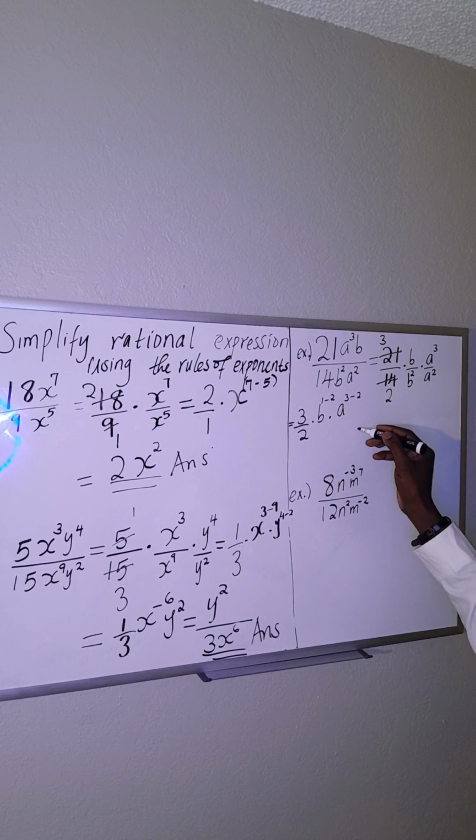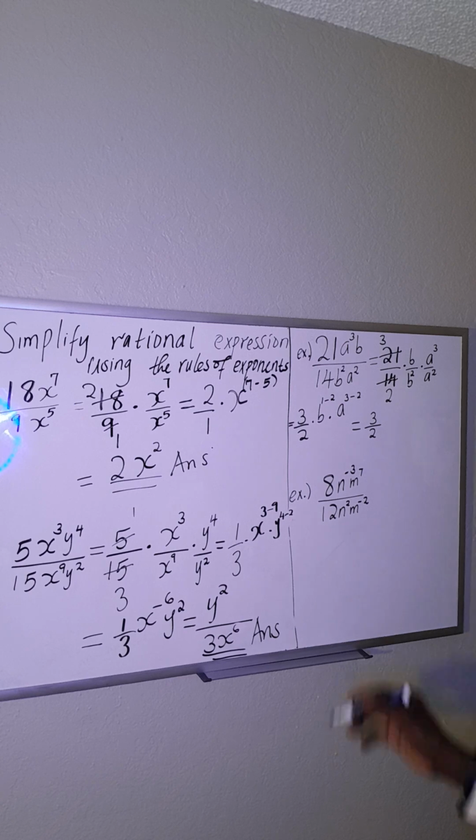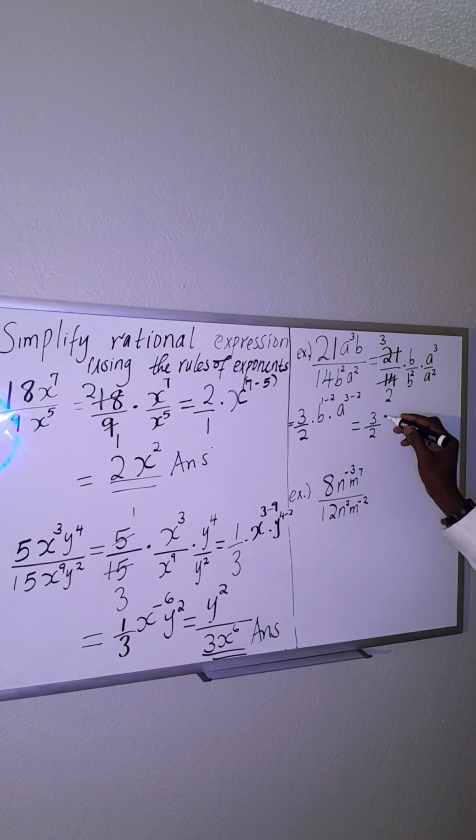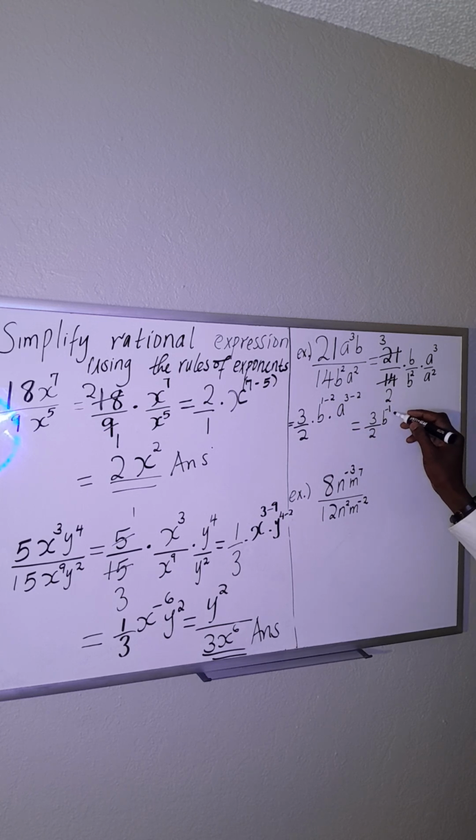From here we have 3 out of 2, b raised to the power of negative 1, because this is 1 minus 2. Then we have a raised to the power of 1, because this is 3 minus 2. So what is our final answer? Our final answer is 3a out of 2b.